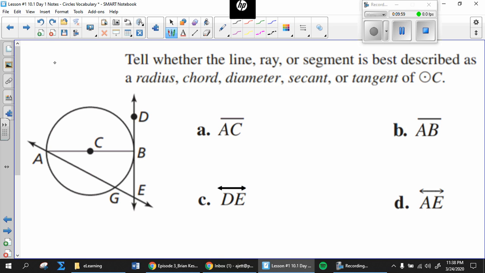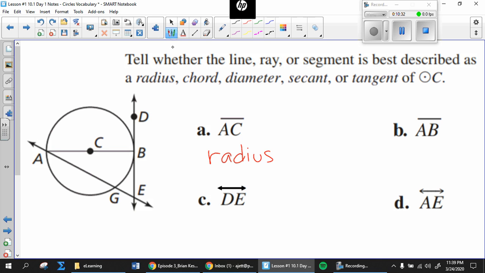So real quick, let's look at 4 examples of naming these different parts of a circle. The first one we have here, remember, there are no arrows here, so that is a segment. It's segment AC. Segment AC has endpoints here and here. We know that a segment that has an endpoint at the center and on the circle is a radius.